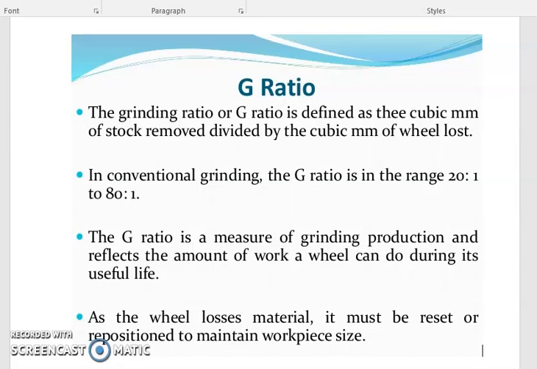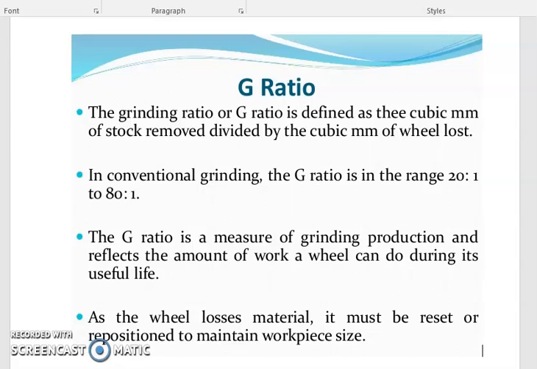So basically what is this ratio? This is the ratio of the volume of workpiece material removed in the grinding process to the volume of grinding wheel wear.